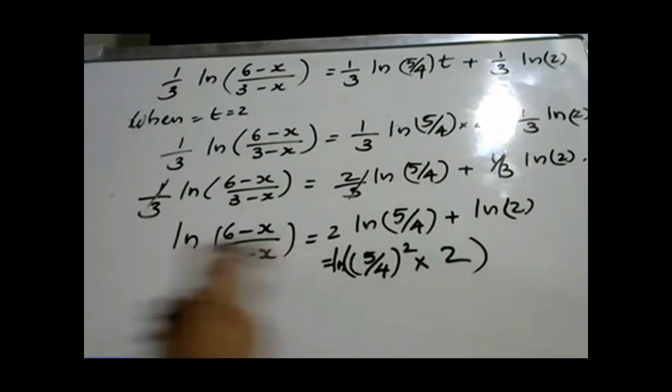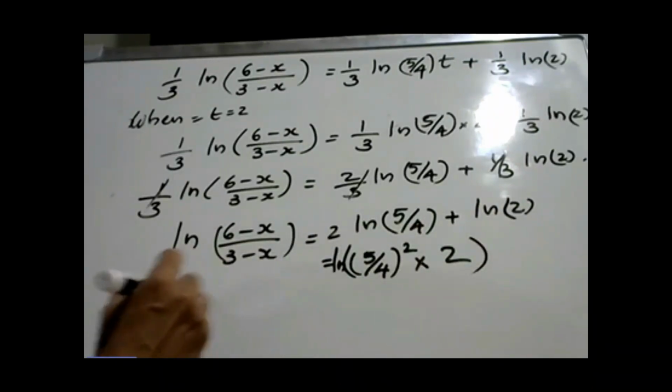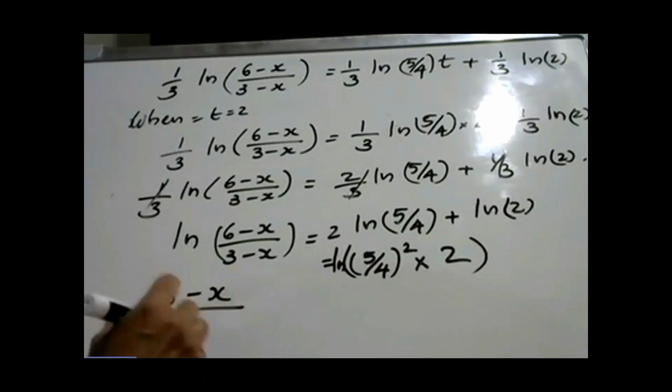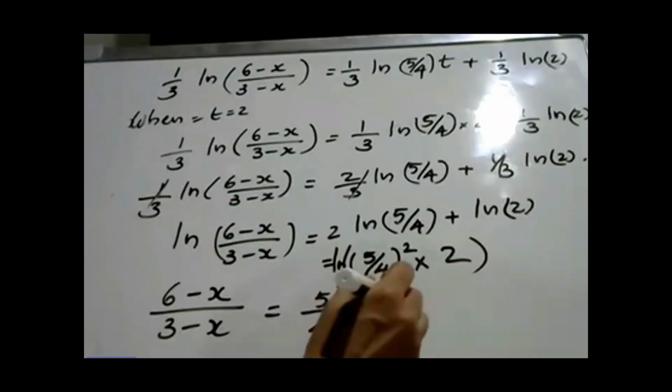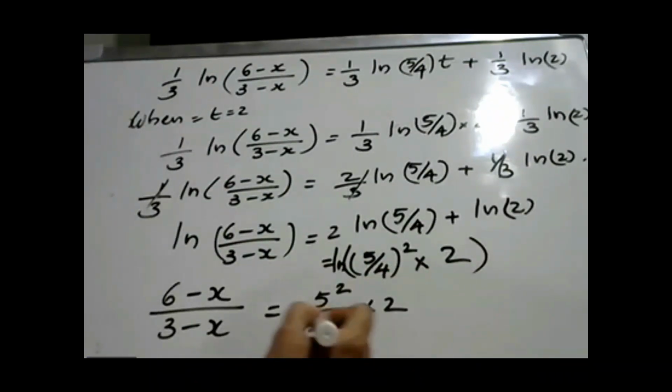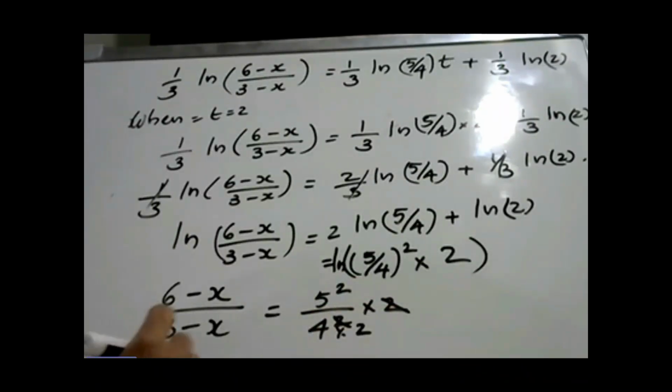If I take the exponential on both sides, I can write this as (6 minus x) over (3 minus x) is equal to 5 squared over 4 squared times 2.